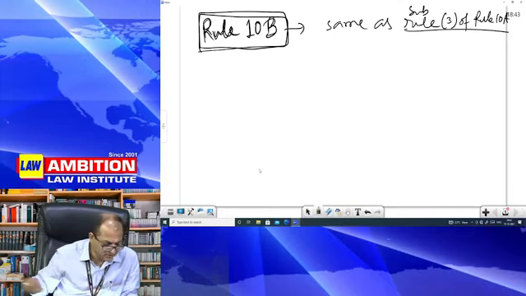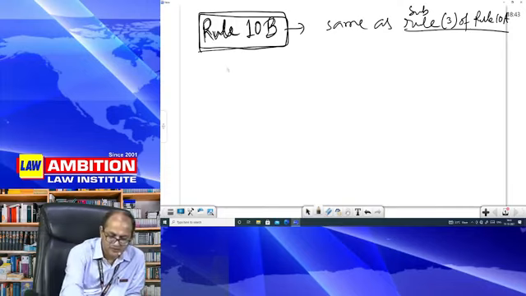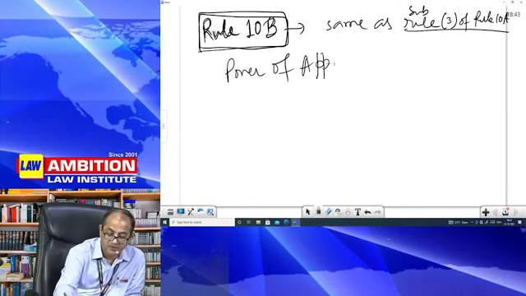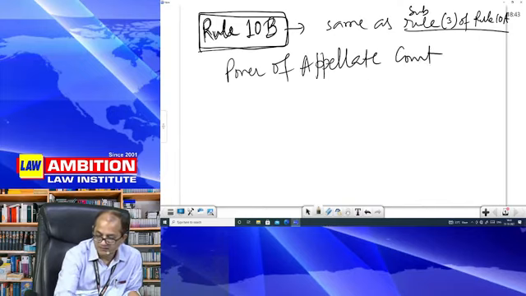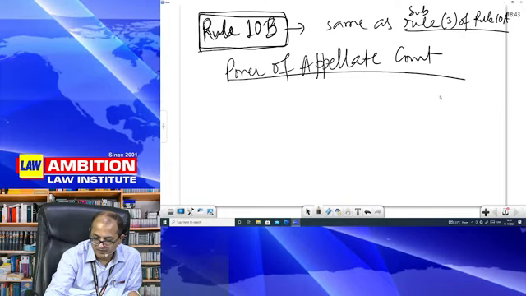Rule 10B deals with the power of appellate court. 10A deals with power of same court where this plaint was filed. So that is power of trial court, and it is power of appellate court. कभी preliminary में भी सवाल पूछ दे.